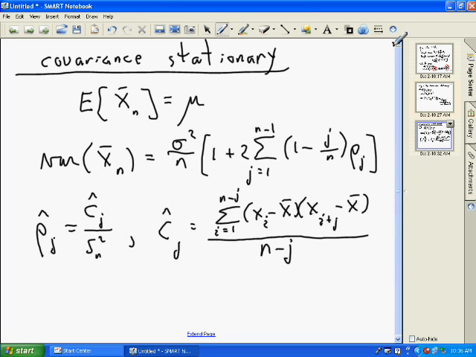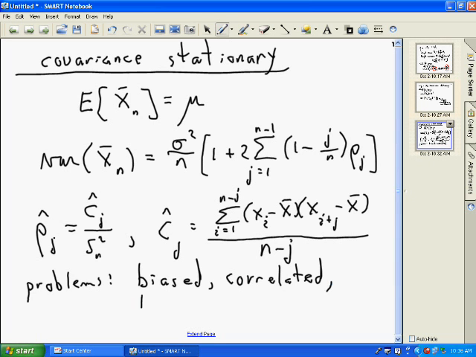There are problems with the estimates. They're biased, they're correlated, and they have large variance.